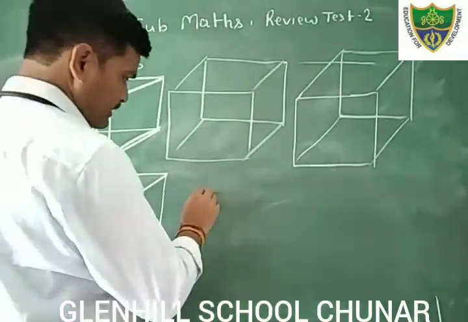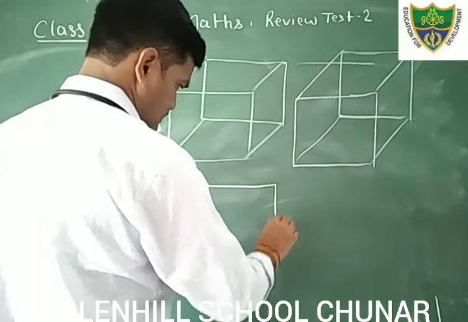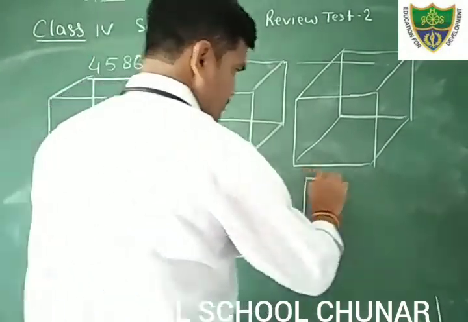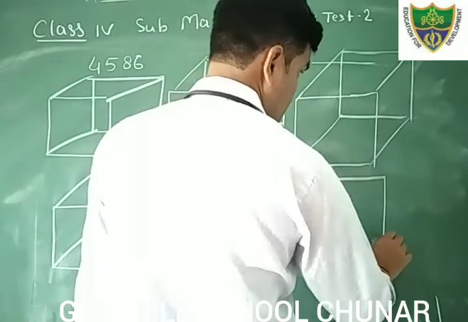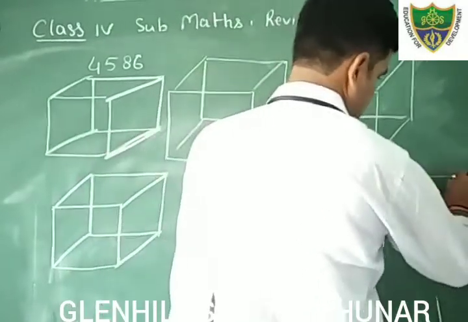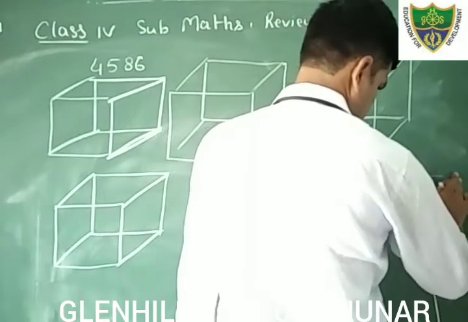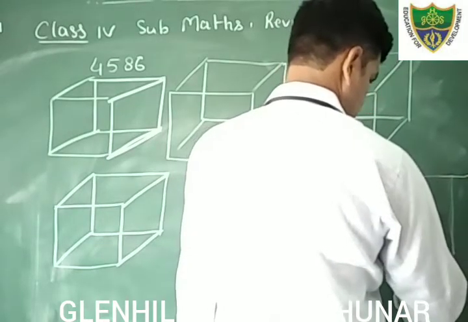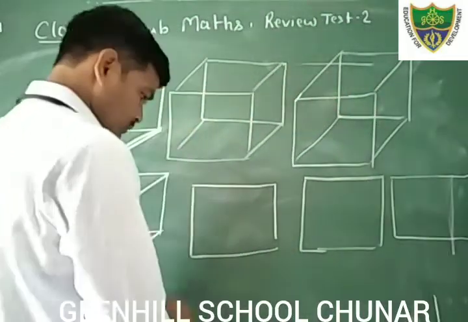And 500. You need the 500 box. This type: 1, 2, 3, 4, 5.